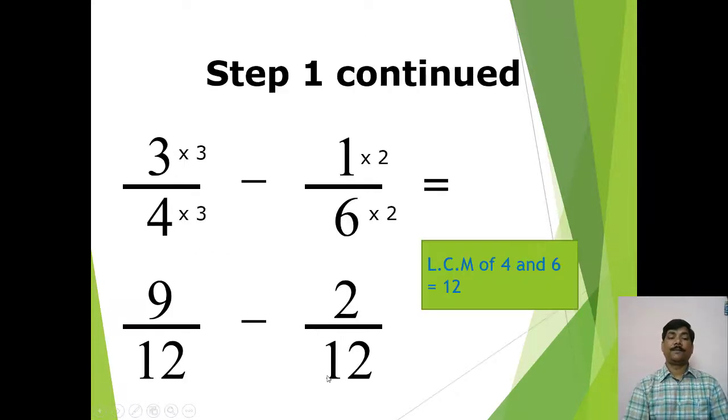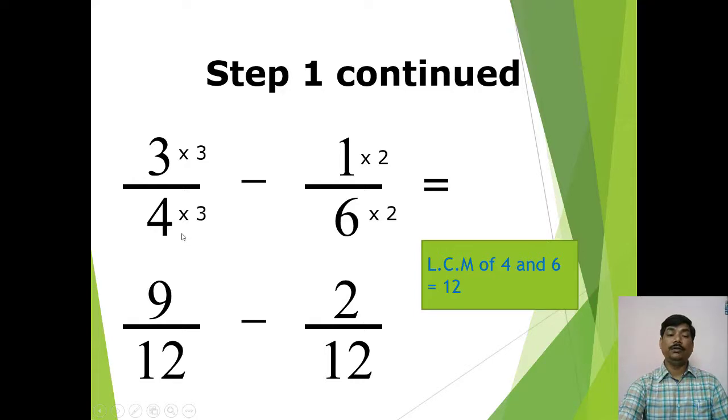How? To find the equivalent fractions in which the denominators are the same, we will take the LCM of the denominators of the given fractions. So the LCM of 4 and 6 is 12.